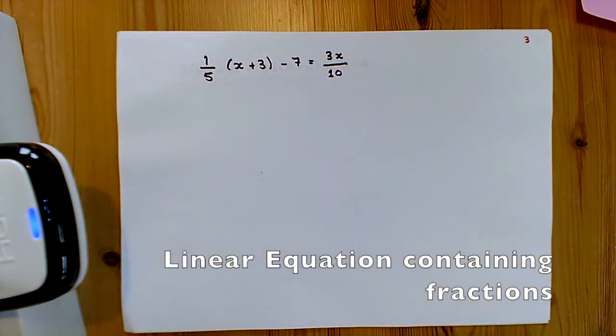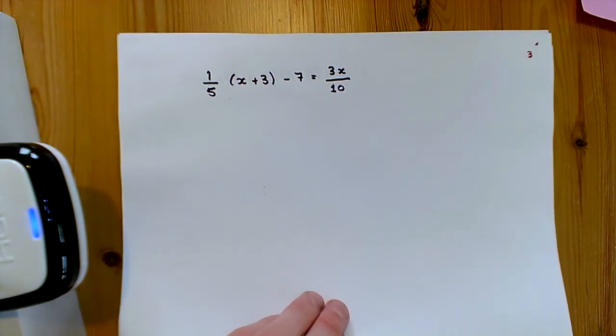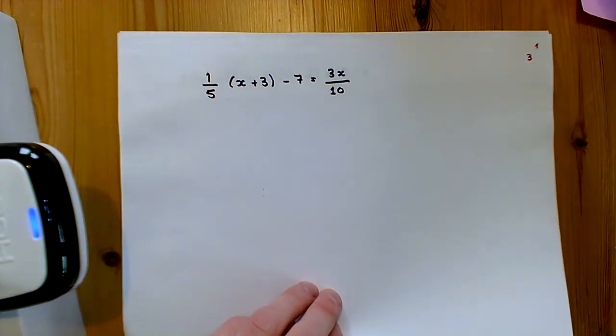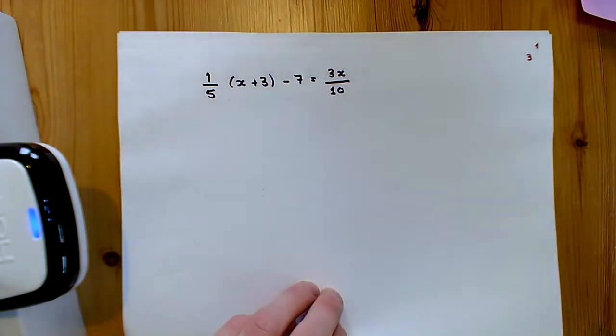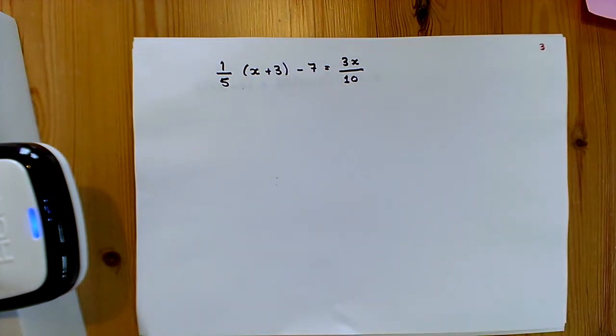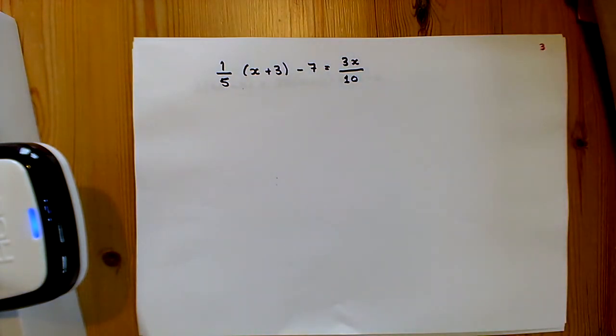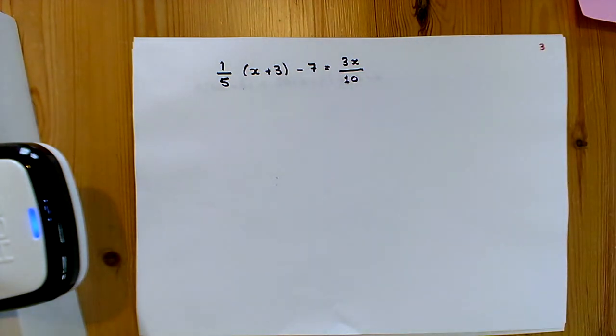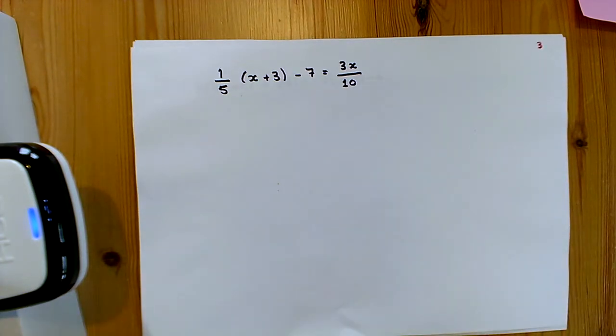So the example we have here is more complex again, and we'll just work our way through this. The first thing I would like to recognize with each of these fractions in particular is the lowest common denominator. There are a variety of ways that we can approach and solve these problems, but the first thing I'm going to do is recognize that lowest common denominator.